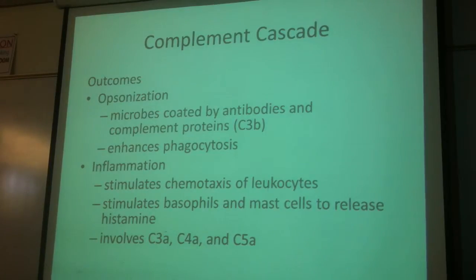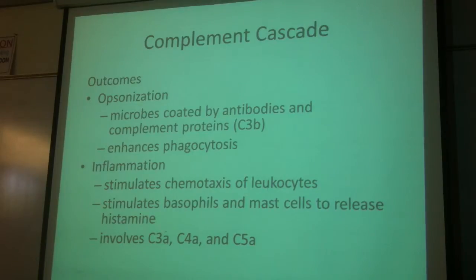Okay. So our outcomes. The outcomes of this: you have microbes that end up becoming coated by antibodies and the C3b proteins.